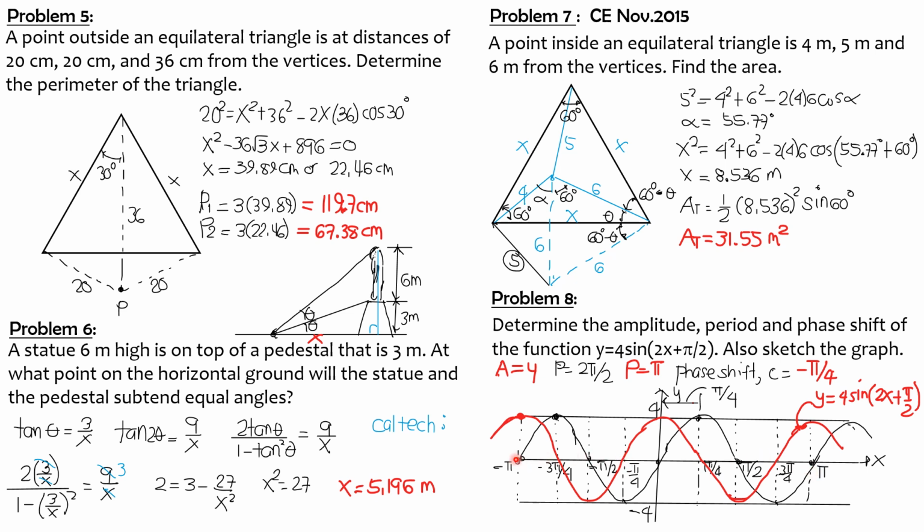Same is true here, but negative. So the graph of y equals 4 sine of 2x would be this, just 4 sine 2x.